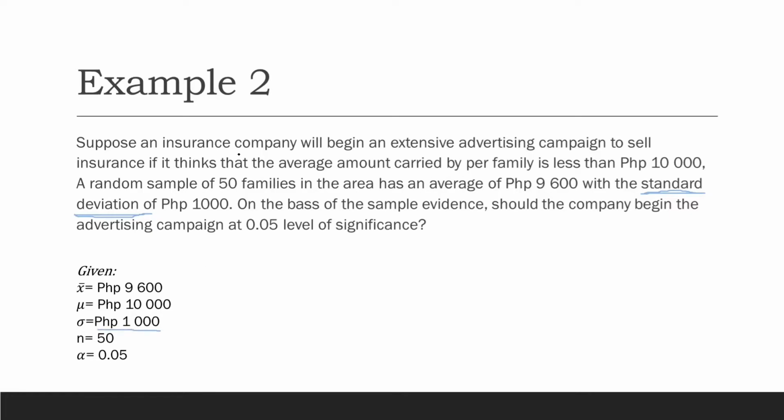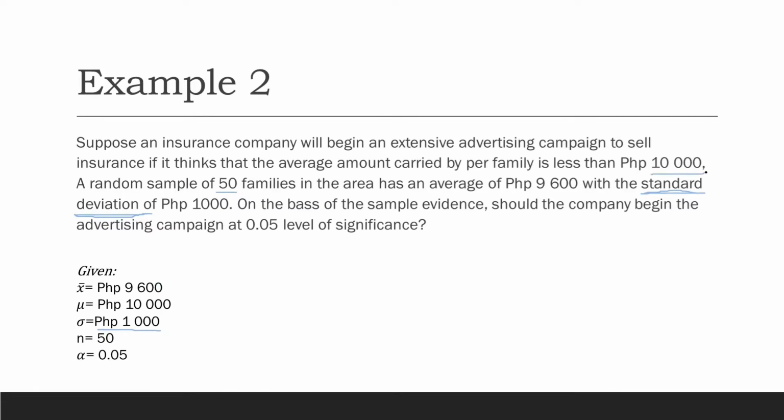Next is yung N natin is 50 because random sample of 50 families. And then the alpha or the level of significance is 0.05. So, next is to find if this alpha is for one-tailed or two-tailed. So, we need to get the null and alternative hypothesis. So, yung null hypothesis natin is equal siya sa ating 10,000.